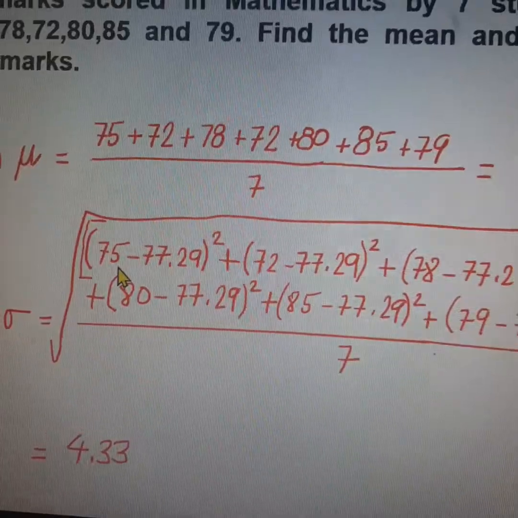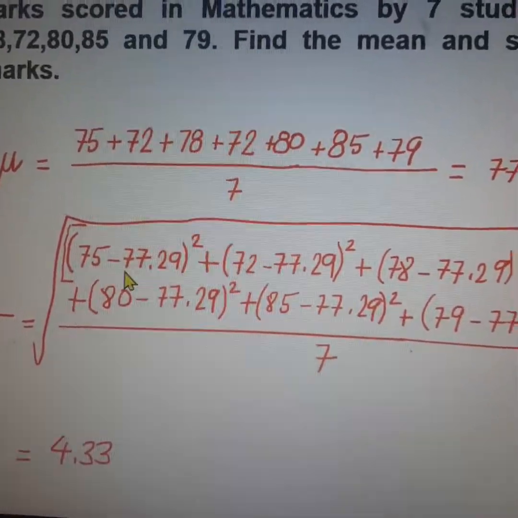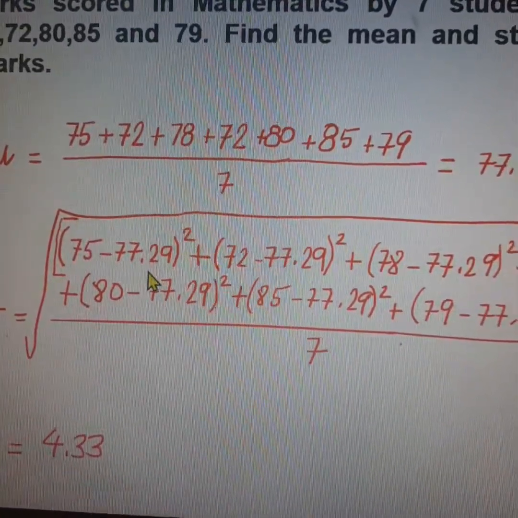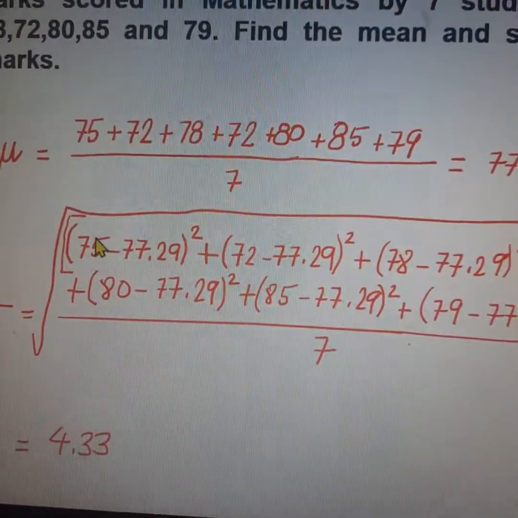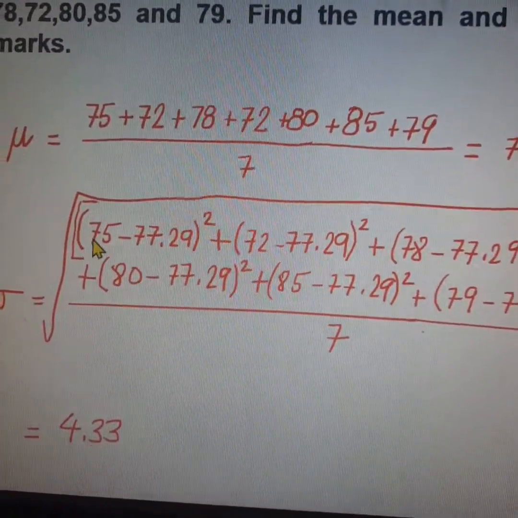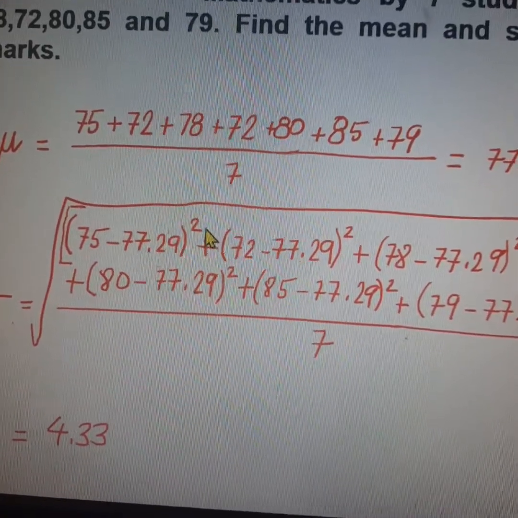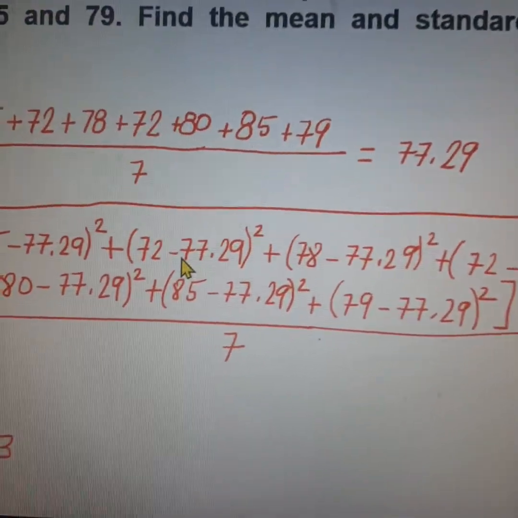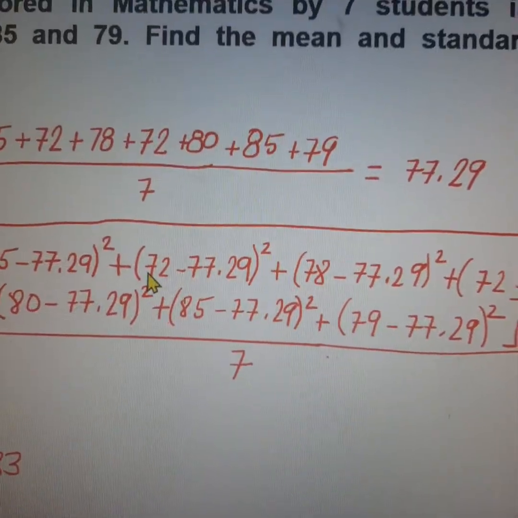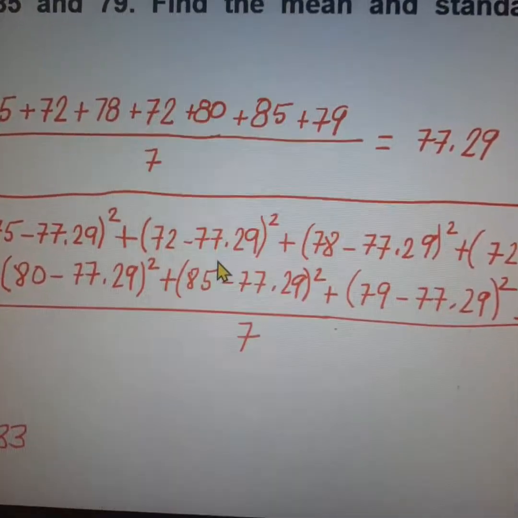For finding the standard deviation of these 7 marks, the first mark is 75. It is deviating from the mean of 77.29. So the deviation is found by subtracting the 75 from the mean, and you have to square the deviation. Similarly, the second mark is 72. You find the deviation from the mean and square it.